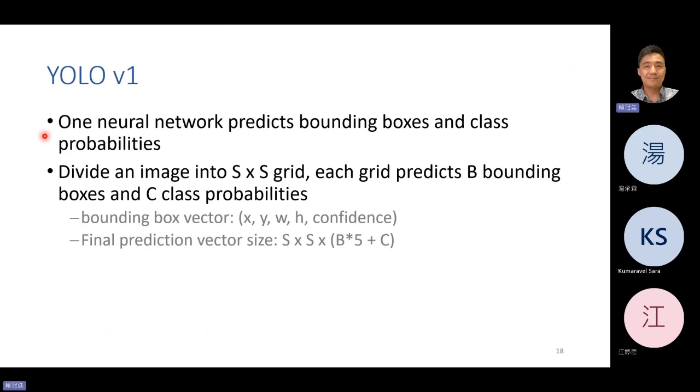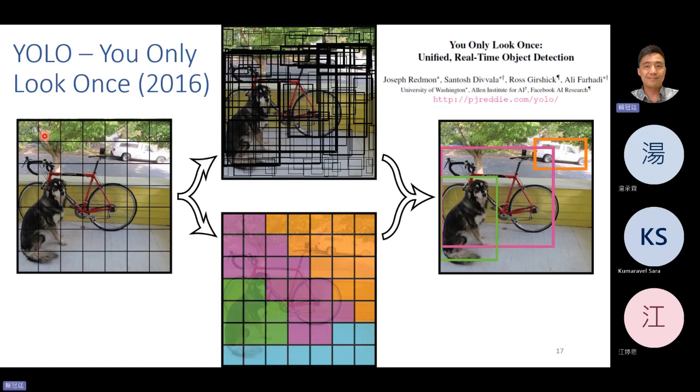Let's look at the picture. So YOLO first divides the image into S by S regions. This example divides the image into 7 by 7 regions. And for each region, it will only predict one class and 2 bounding boxes.